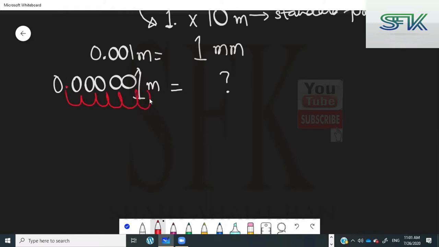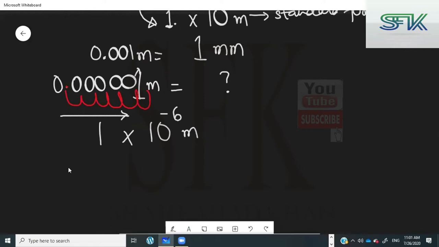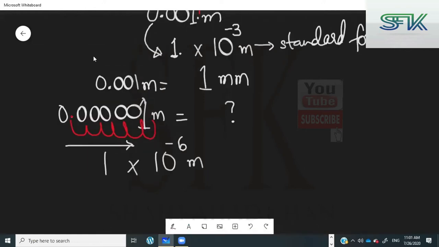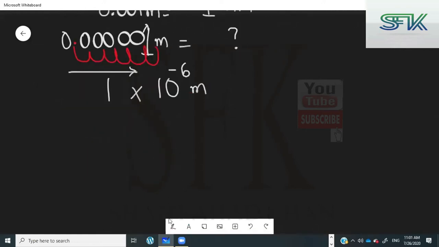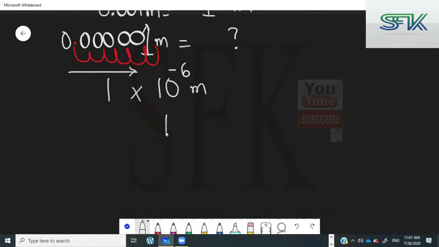We've skipped 6 places. So it's going to be 1 multiplied by 10 to the power of 6. But if you look at the direction of movement, it's from left to right again. There will be a negative sign right next to the 6. So it's going to become 1 times 10 raised to the power of minus 6 meters. Now, 10 raised to the power of minus 6 means micro. So this is going to be 1 micrometer.